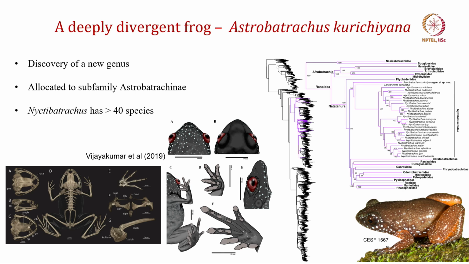Nyctibatrachidae has another genus called Lankanectes, found in Sri Lanka, which has just a couple of species in it. And in comparing these, even intuitively, it seems that we should have a way of accounting for the fact that Astrobatrachus or Lankanectes carry so much evolutionary history relative to any single species of the genus Nyctibatrachus.